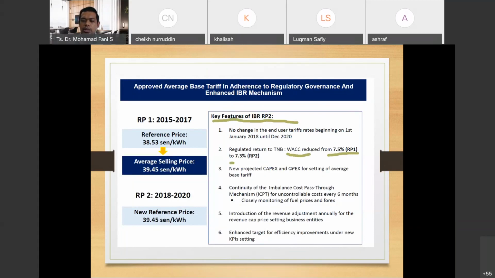So what happened to the TMB now? In the last quarter, TMB announced their profit for the fourth quarter of about 600 million, and before that they had less than 1 billion for the common quarter announcement.